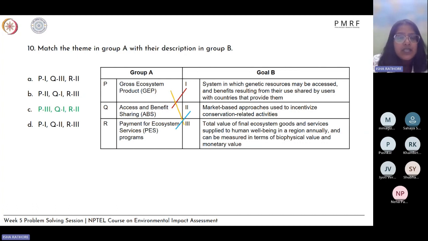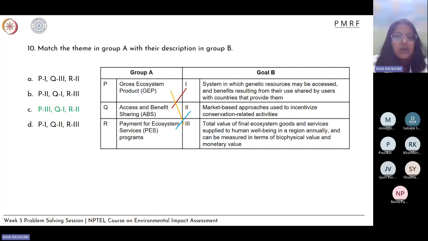So the gross ecosystem product or the GEP is the total value of final ecosystem goods and services supplied to human well-being in a region annually. And it can be measured in terms of biophysical value and monetary values. So P matches with 3. Then access and benefit sharing or ABS is a system in which genetic resources may be accessed and benefits resulting from their use is shared by users with countries that provide them.